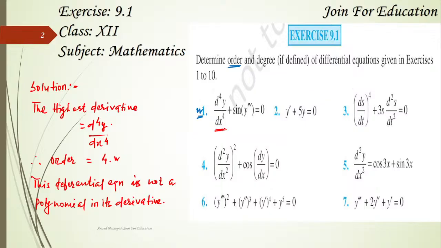So this is not defined for degree. We can say this has order 4, but it has no degree because it is not a polynomial in its derivative. Hope there is no problem to understand the solution of this one.